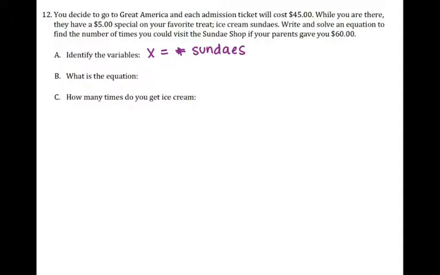Write the equation. So I have to pay for the admission to Great America, which is $45, and then $5 for each sundae. So I have $5 for each sundae, so 5x plus the $45 to get into Great America equals the total amount my parents gave me, because they're super generous, which is $60. Okay, now I'm going to solve.